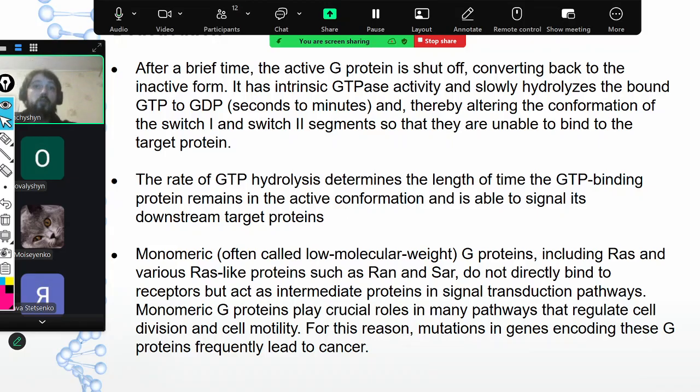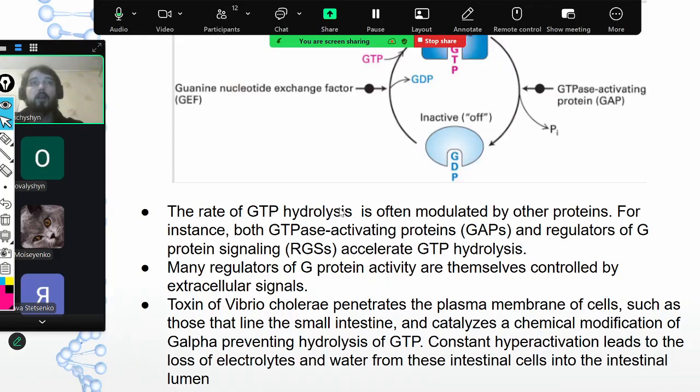Monomeric G proteins play crucial roles in many pathways that regulate cell division and cell motility. We will meet them, I guess, when we consider vision and how we see the light. There are G protein coupled receptors involved as well.